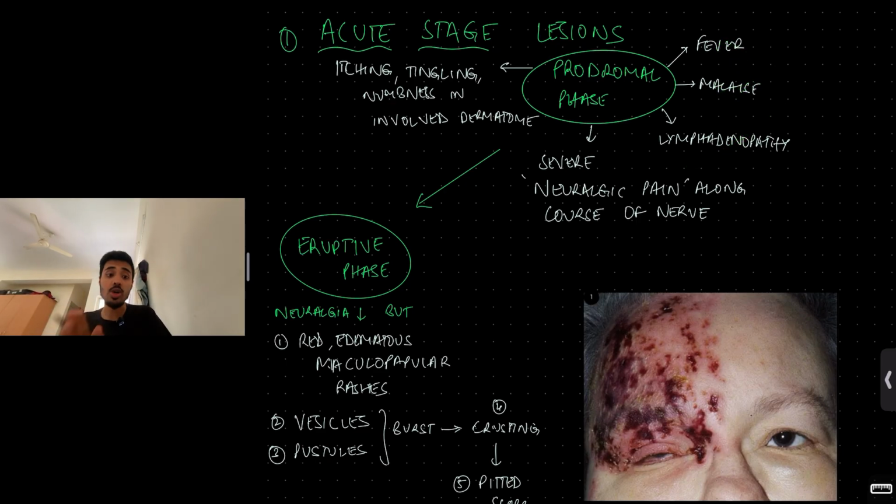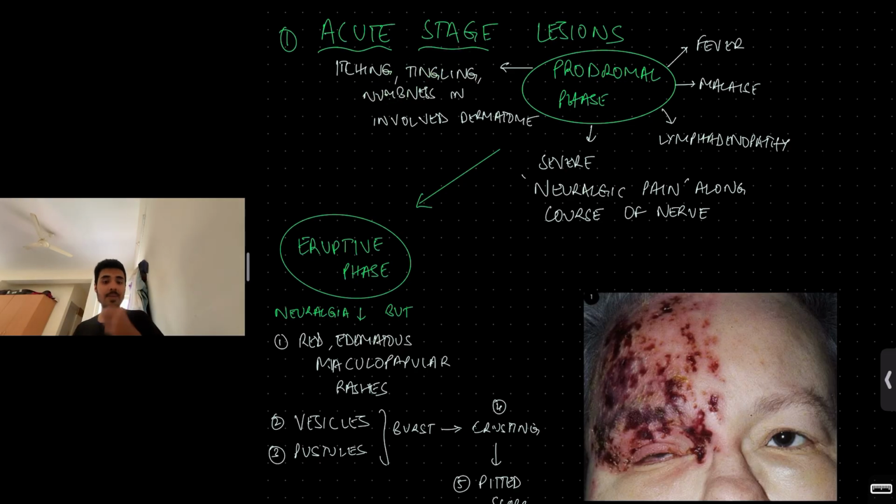But what's more important is severe neuralgic pain along the course of the nerve. Along the course of the trigeminal nerve, the patient feels severe shooting pain. Doctors can diagnose just based on that shooting, neuralgic pain. And at the dermatome supplied, there is paresthesia, abnormal sensation like tingling, itching, numbness, etc.